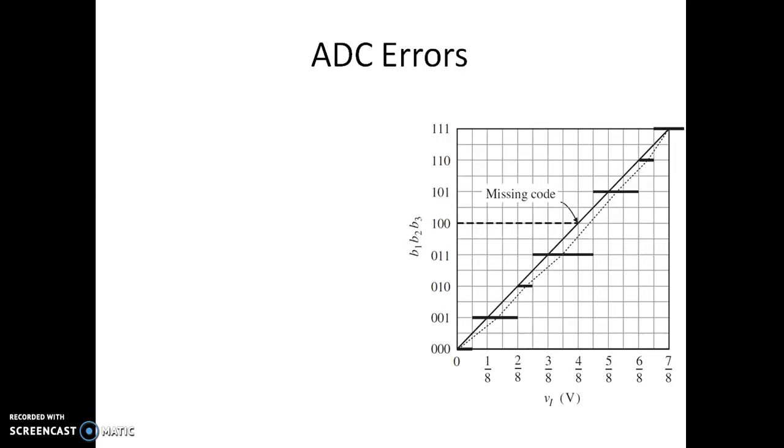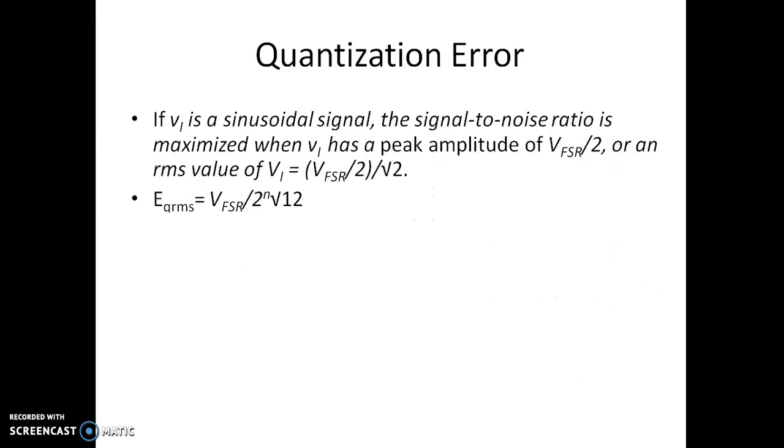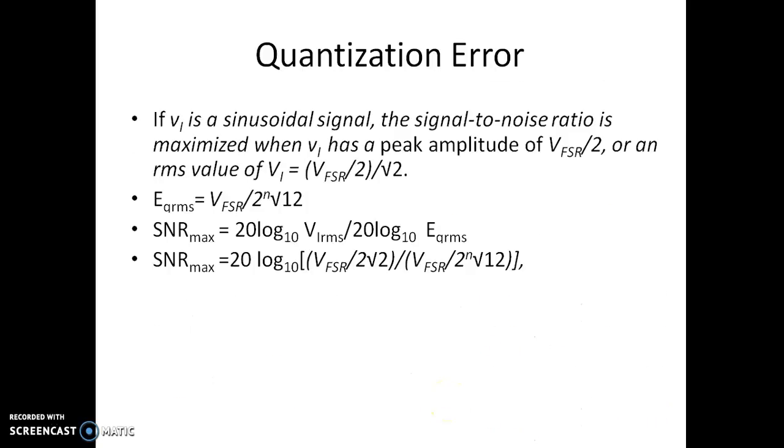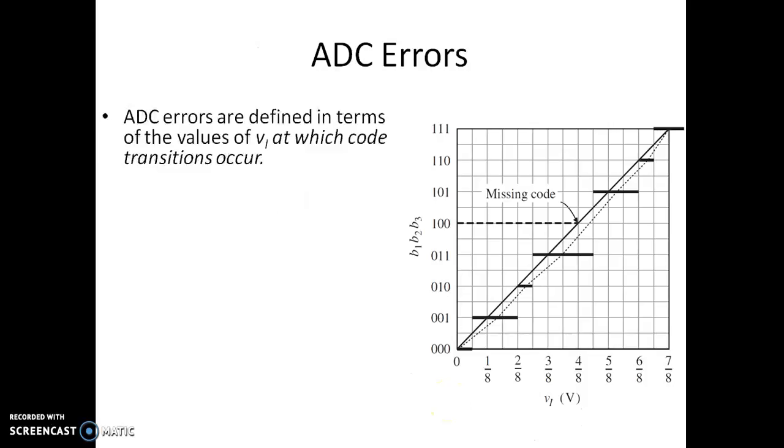Ideally speaking, the code transition will occur, as you can have a look at in the previous slide, the output code is making a transition at 1 by 16, 3 by 16, 5 by 16, 7 by 16, for every odd half of LSB. So the output is making a transition from one code to the other. That's what we are trying to see here. ADC errors are defined in terms of the values of Vi at which the code transitions occur.